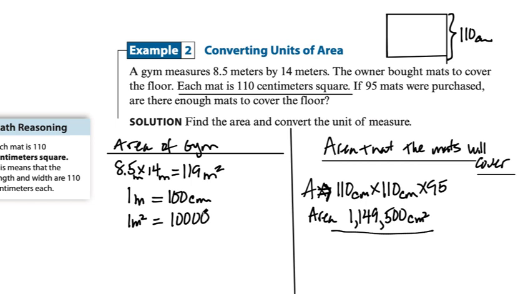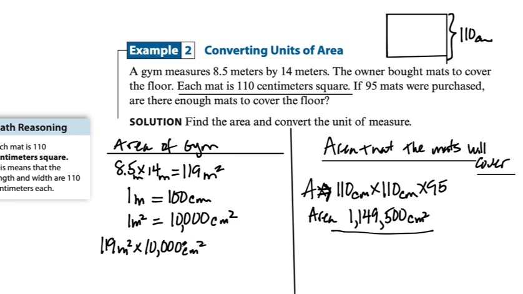So we're dealing with 10,000 centimeters squared in each of the square meters. So hopefully you realize we're going to take that 119 meters squared and multiply it by 10,000 centimeters squared to calculate the centimeters squared. This is how we are thinking about the conversion factor.